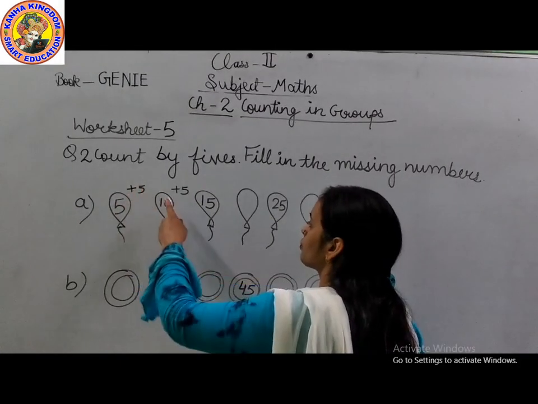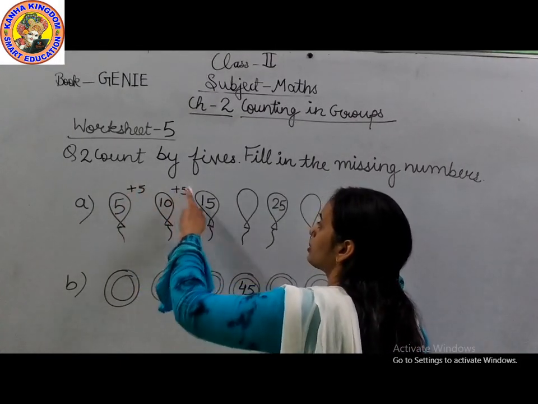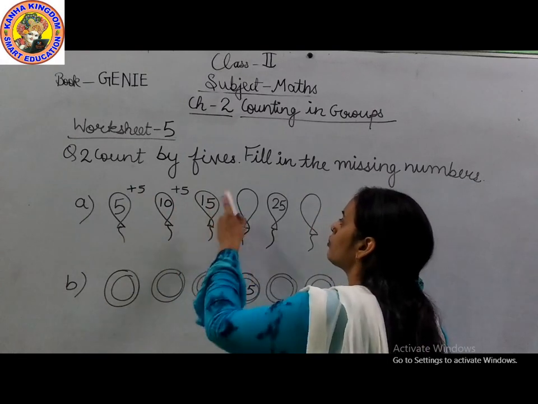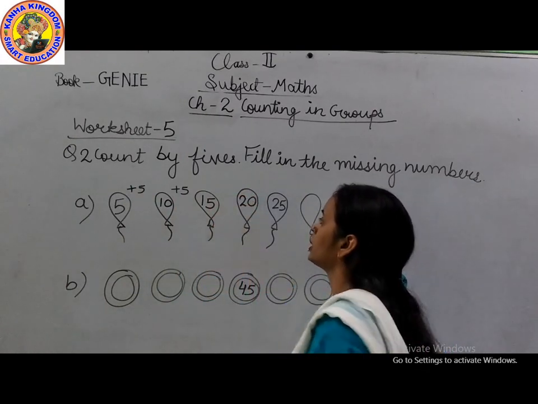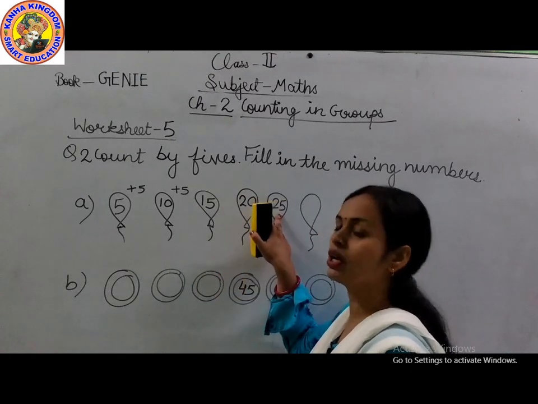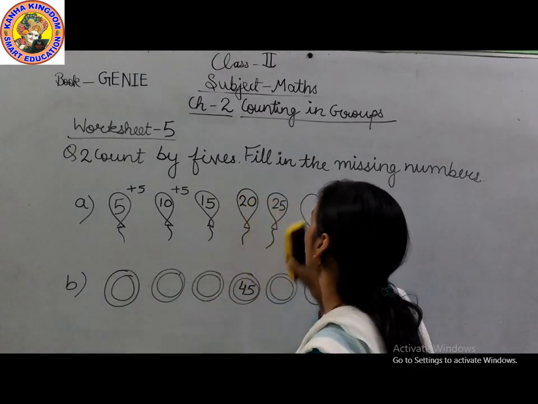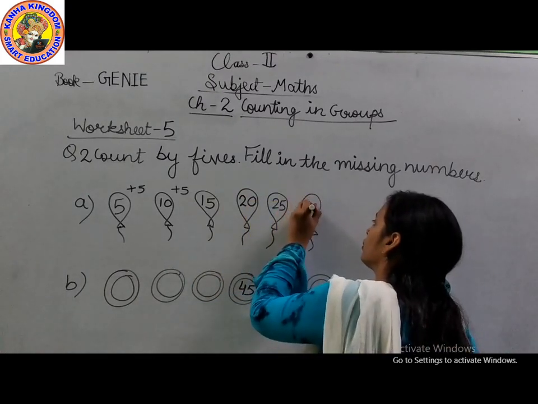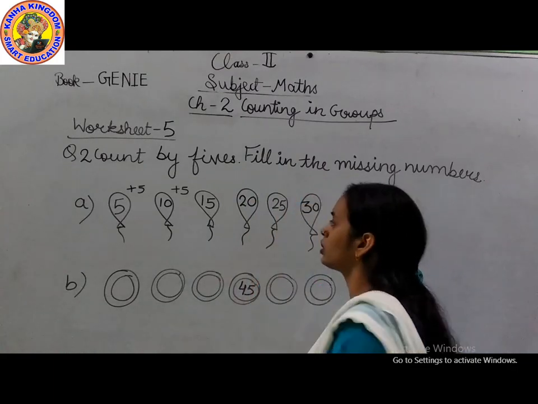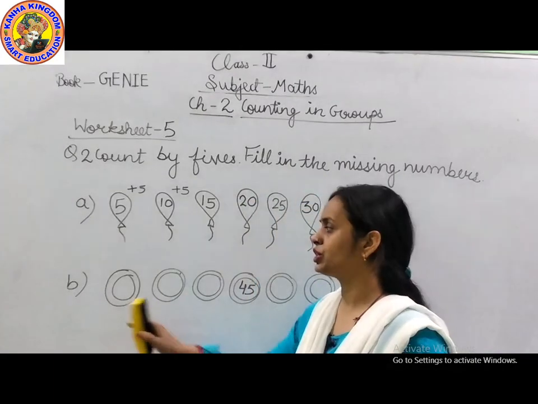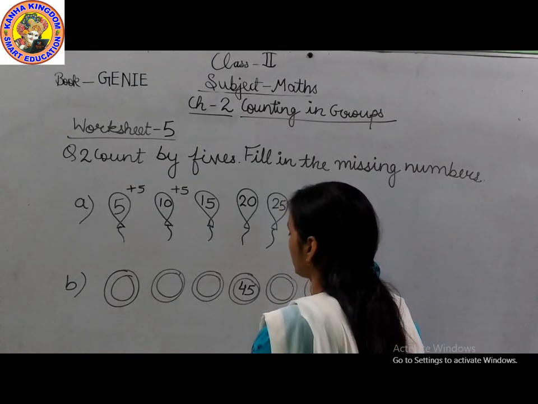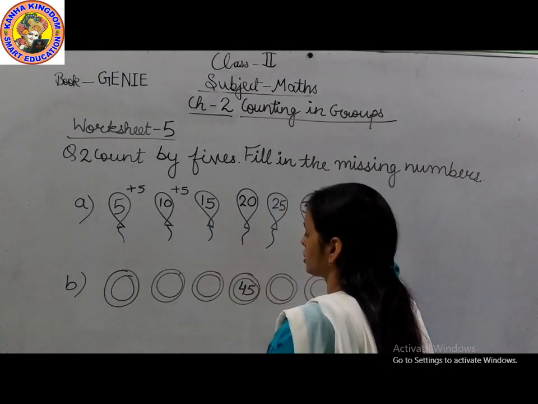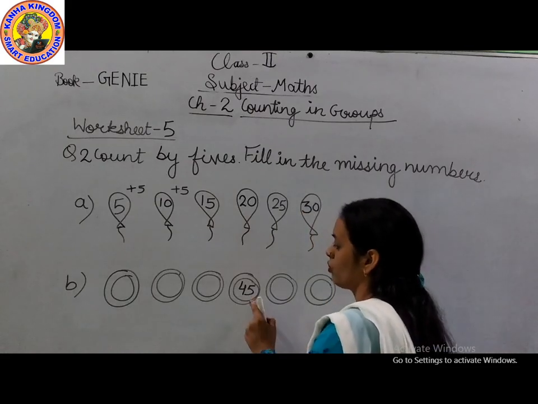So 5 plus 5 is 10, 10 plus 5 is 15, 15 plus 5 is 20, 20 plus 5 is 25, and 25 plus 5 is 30. Okay? Now in question number B, there are how many rings? 6. So 45.